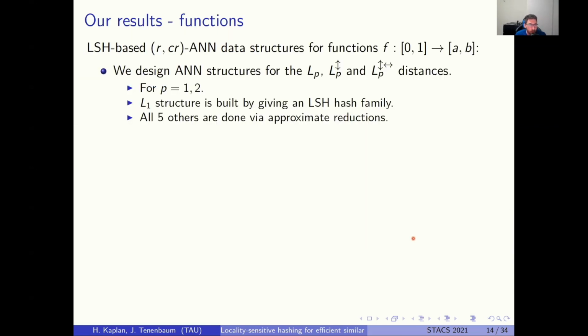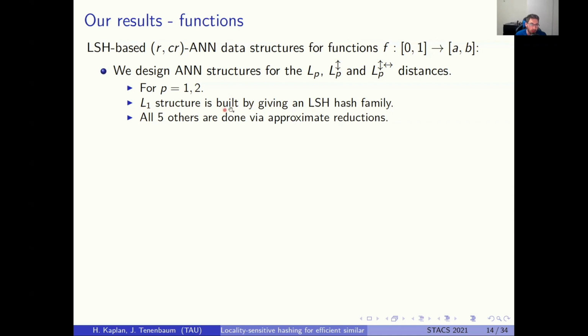Here are our results at a high level. We built an LSH-based (R,CR)-approximate near neighbor data structure for bounded integrable functions. Specifically, we designed approximate near neighbor structures for the LP, the vertical invariant LP distance, and the vertical and horizontal invariant LP distance, both for P1 and P2.